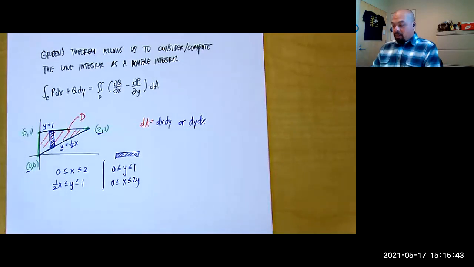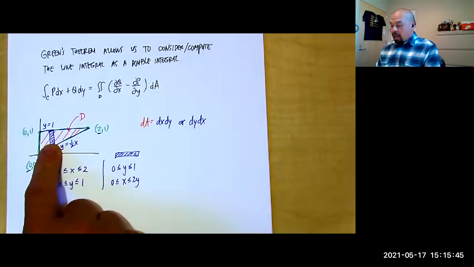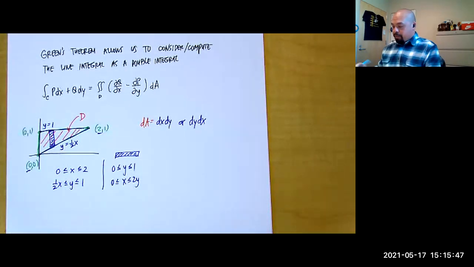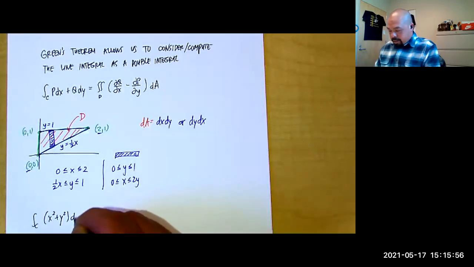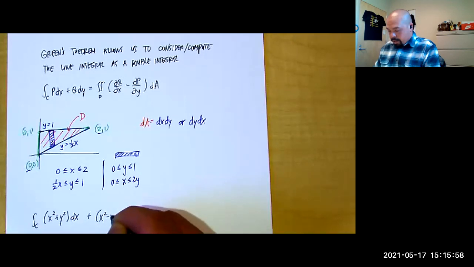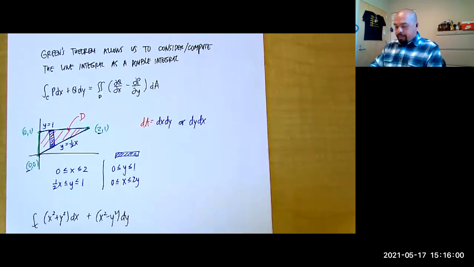So instead of having to separate those different spaces, now we just have one solid region, and we can identify these limits of integration. But now let's think about our function, right? So our integral, our P and Q that is, was x squared plus y squared dx, x squared minus y squared dy, right?